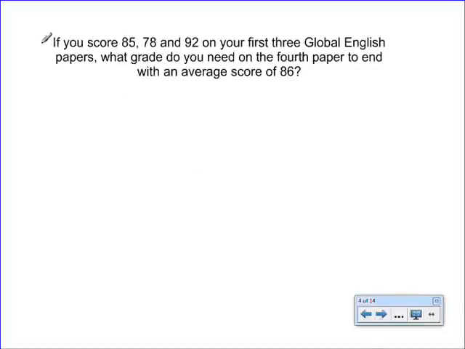Here's a typical mean sort of problem. You score 85, 78, and 92 on your first 3 global English papers. What grade do you need to get on the 4th paper to end with an average score of 86? Remember the mean is the total divided by how many things we're looking at. In this case, we're talking about 4 papers.